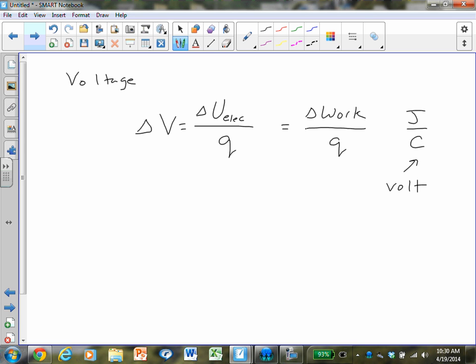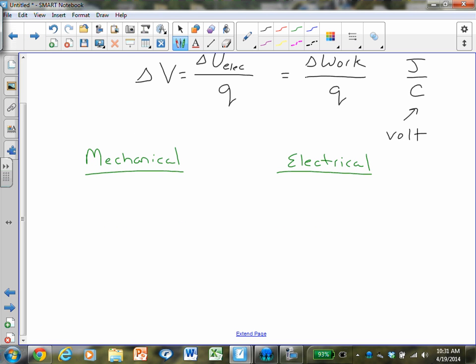So let's look at some physics symmetry first. We have mechanical versus electrical. In that sense, the equation for the gravitational field was Fg over m, right? And it ends up on the surface of Earth to be about 9.8 newtons per kilogram, or meters per second squared.